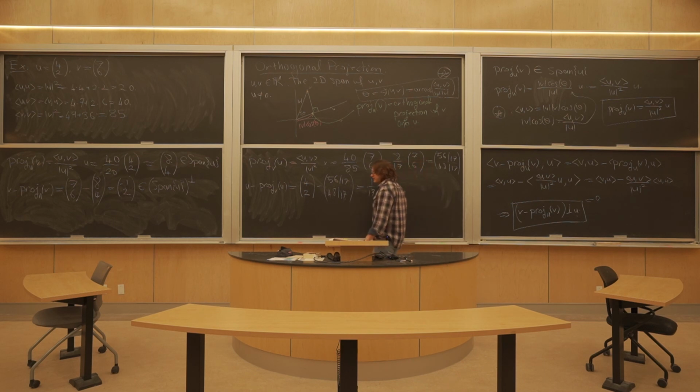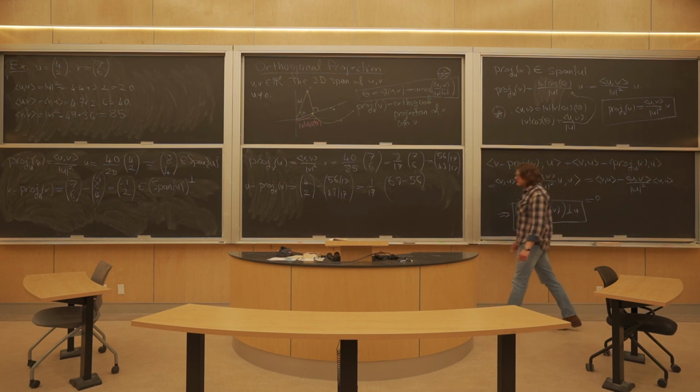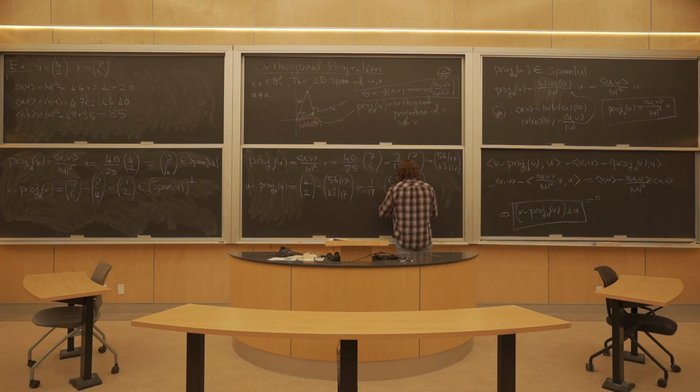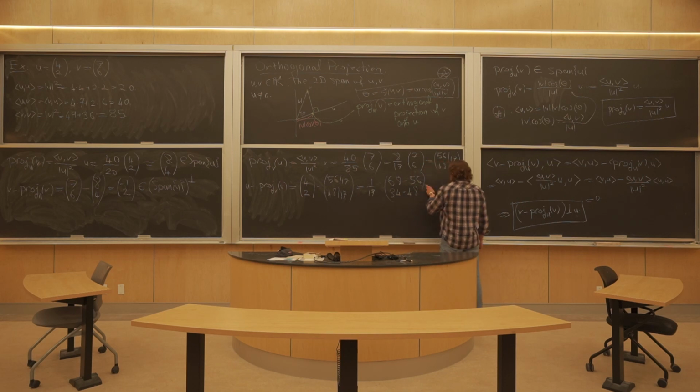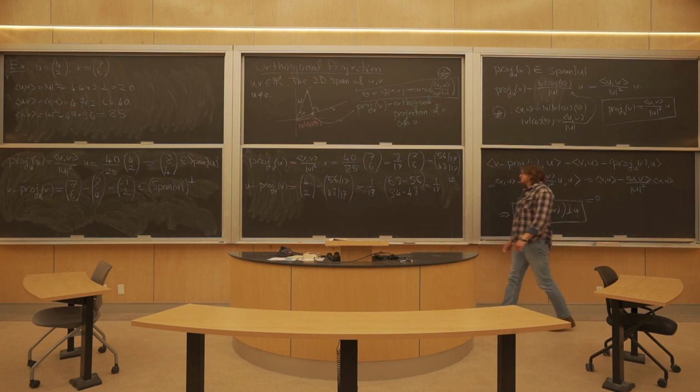So 4 times 17 is 68. 68 minus 56 is the first entry. And then 2 times 17 is 34. 34 minus 48 is some other number. And then this gives me 1 over 17 times, this is 12 in the first entry, and then in the second entry I have minus 14.